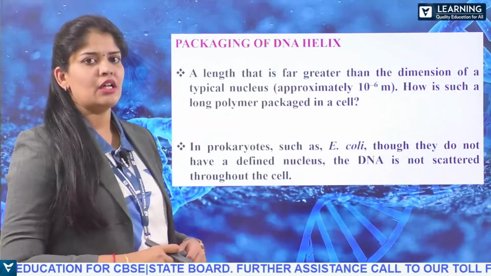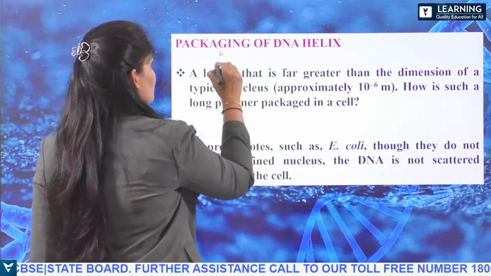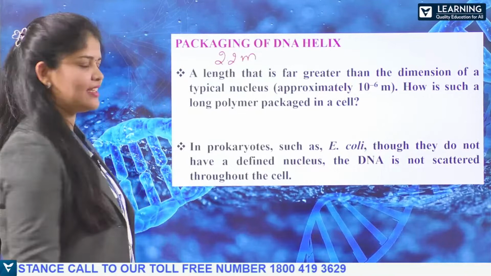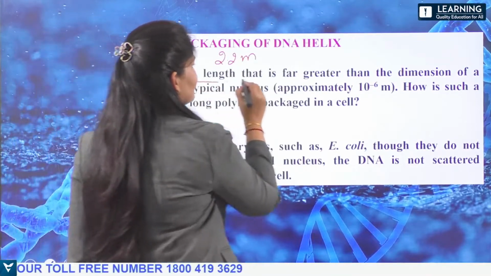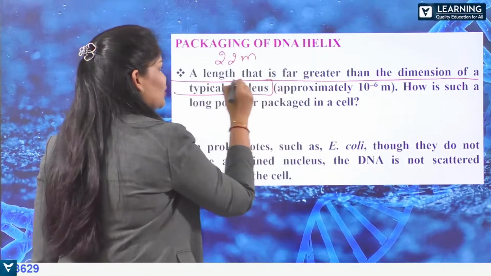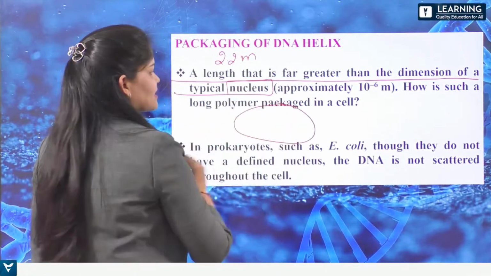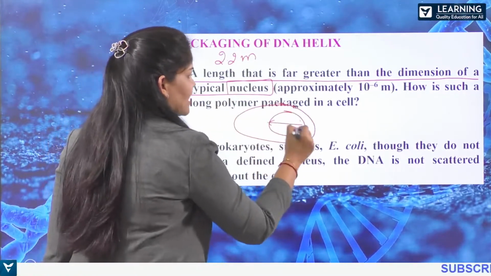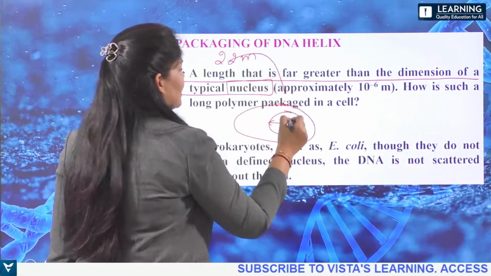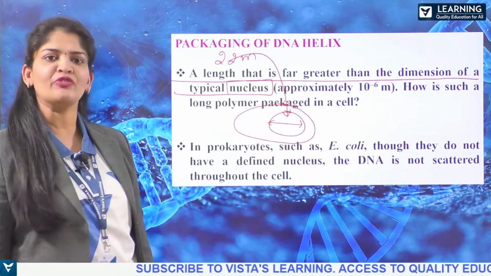Now, 2.2 meters, this is very lengthy. A length that is far greater than the dimensions of a typical nucleus. If you consider this is a cell, this is a nucleus. Inside the nucleus, it has to accommodate 2.2 meters of DNA.